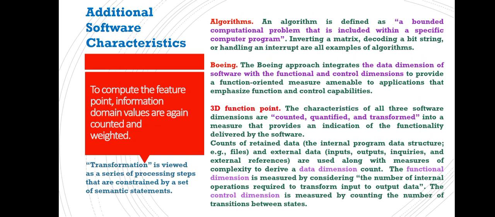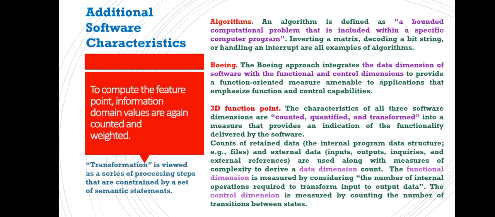So transformation is viewed as a series of processing steps that are constrained by a set of semantic statements. Here you need to understand two terms. One is constraint and another is semantic statements.